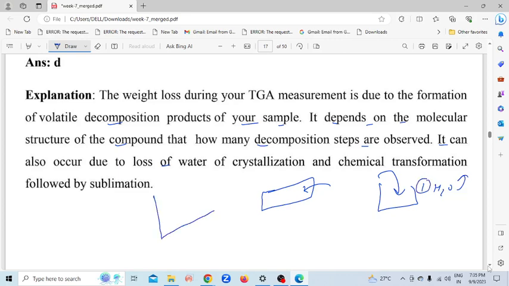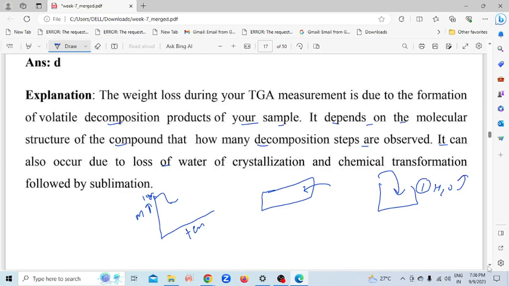Now I am plotting mass loss versus temperature. Initially, suppose it is 1 gram here. Initially water will be removed like that. I am running only this simple filter paper. After that, what will happen?